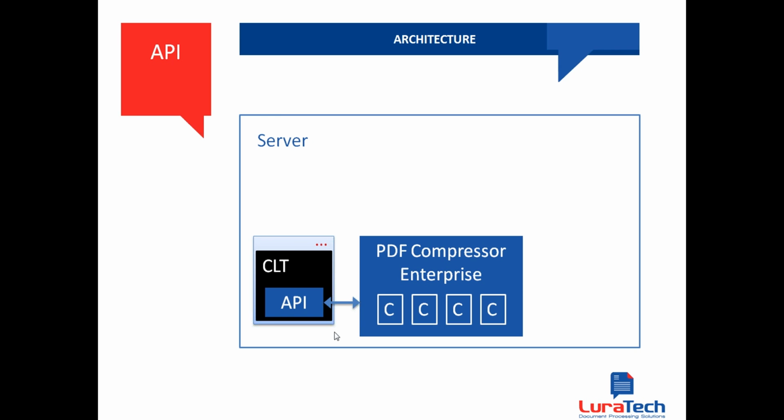It is integrated in your client application, but under the hood it can communicate with the PDF compressor running on the same server, and these bidirectional arrows show that you can submit a job, you can receive status information, you can abort or query the state of your job, and you'll synchronously get a result once the conversion has finished. Once it's finished, it's either been successful or there have been errors, and you'll be notified.